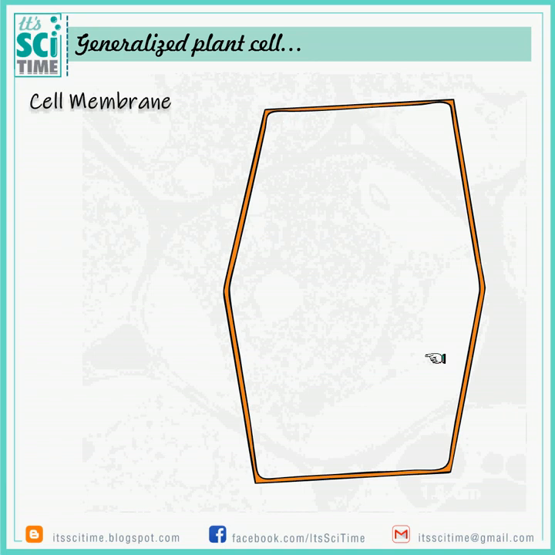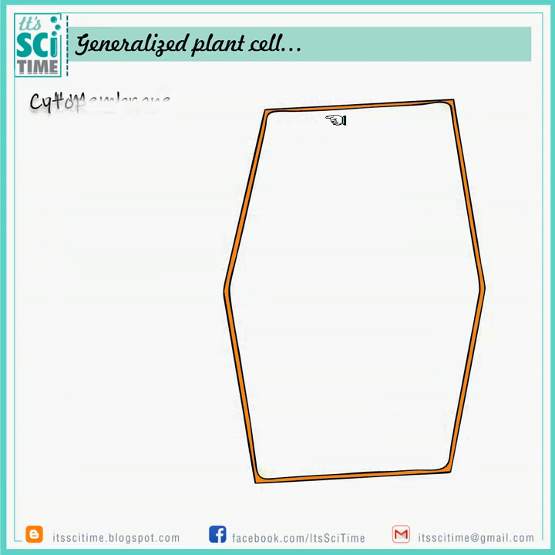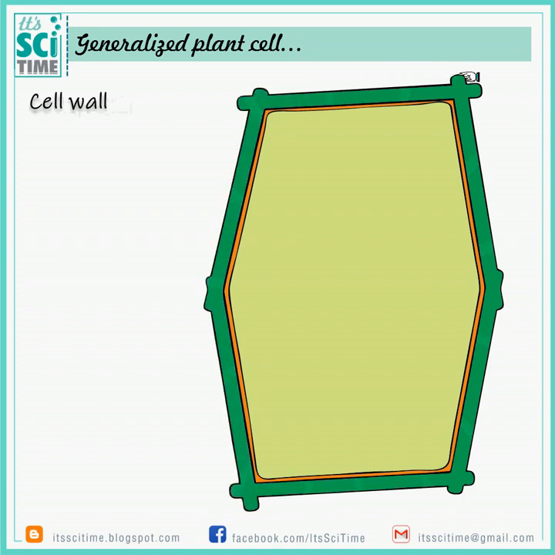This is the cell membrane. It is filled with cytoplasm as in the animal cell. And the special thing, the cell wall, is seen in plant cells. Plant cells are surrounded by a cell wall and it keeps this regular shape.